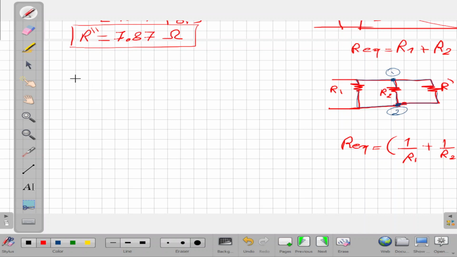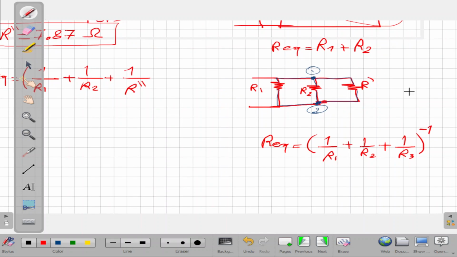So R equivalent for the whole electric circuit is equal to 1 over R1, the first resistor, plus 1 over R2, the second resistor, plus 1 over R double prime, this is double prime, not R prime, to the power minus 1.